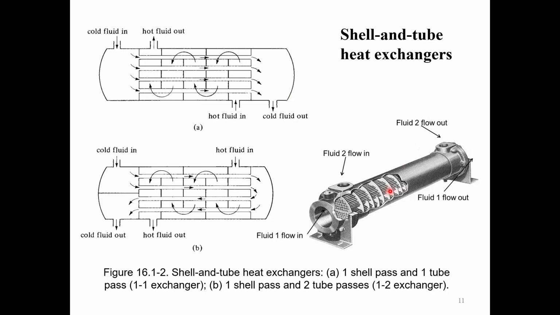How it would look in an industry is shown by this schematic over here. A cross-sectional view is shown over here. So the fluid either flows through the shell side, around the bunch of tubes over here, so they flow in and get out, or fluid can flow through these tubes.